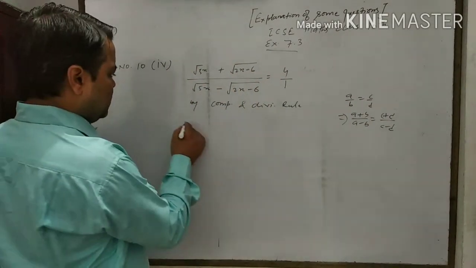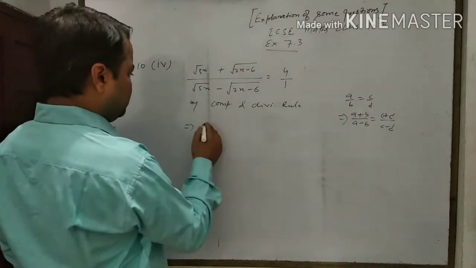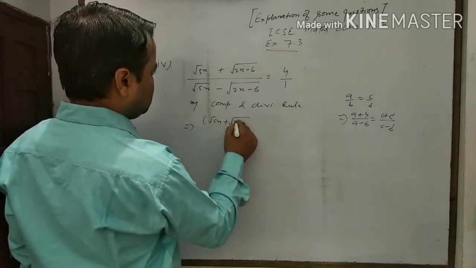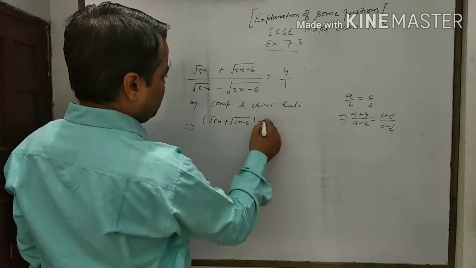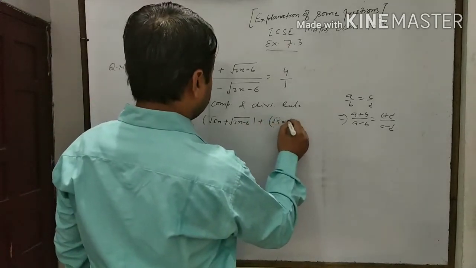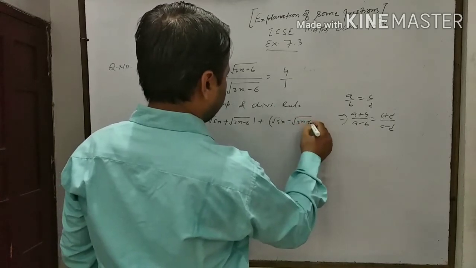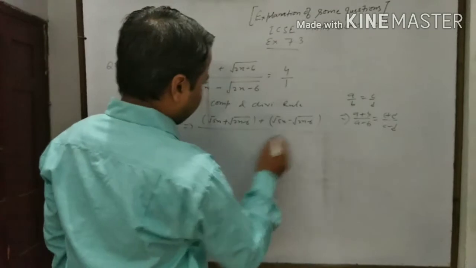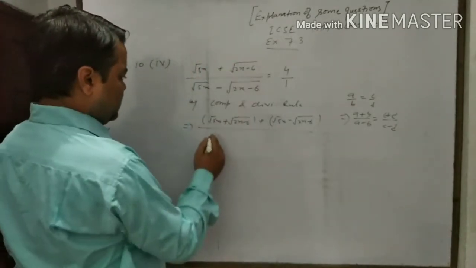Remember this. Here a plus b means under root 5x plus under root 2x minus 6 plus under root 5x minus under root 2x minus 6, whole upon this minus this.